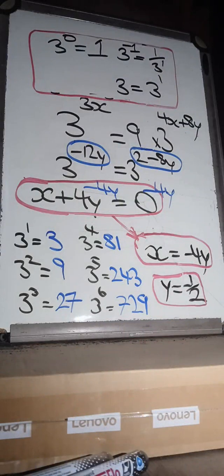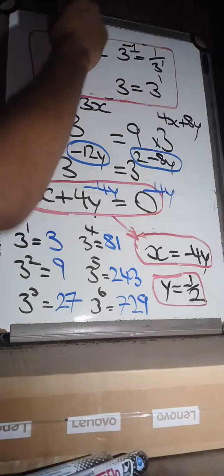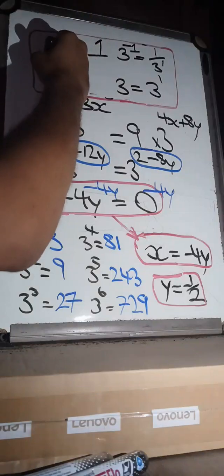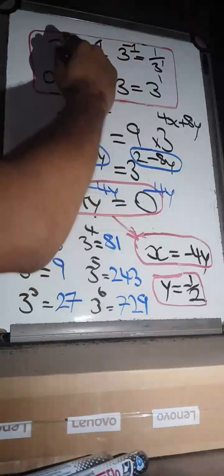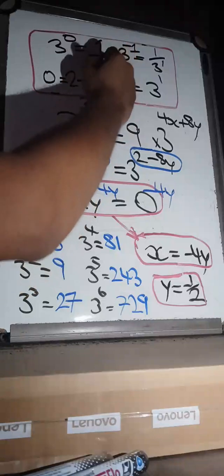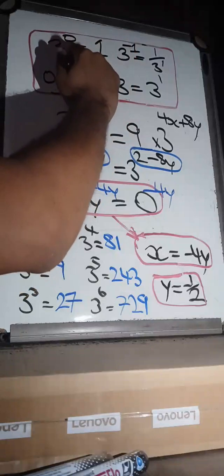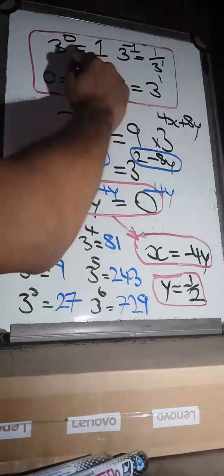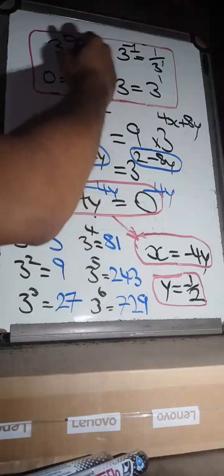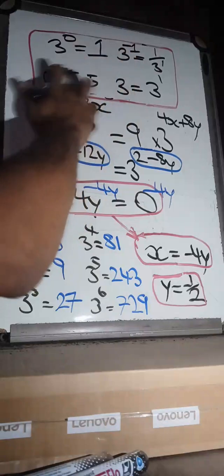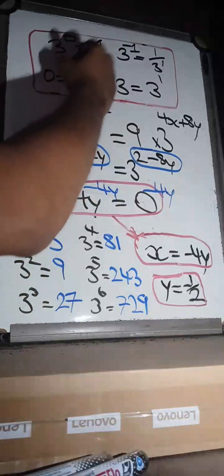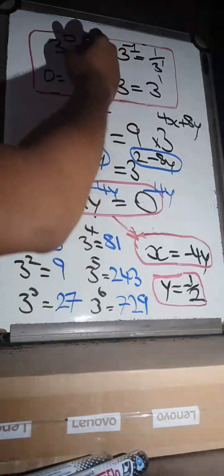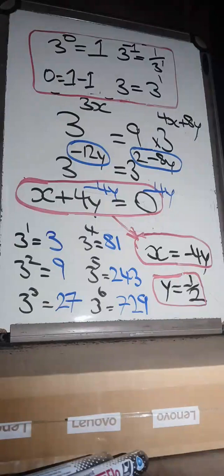Because a substitution for this, 0. 0 can be replaced by what? 1 minus 1, 2 minus 2, etc., etc., right? 5 minus 5, whatever. But let's just focus on what we have here. The 0 equals 1 minus 1.